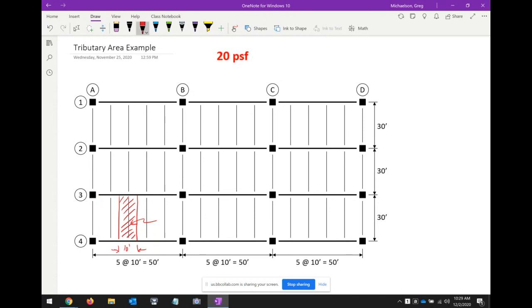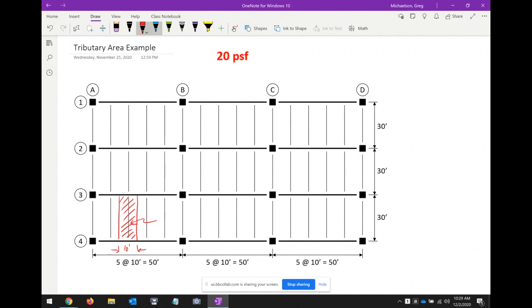If we're only considering gravity loading, and only the loads applied vertically, then the beams on lines A and D would technically only need to be half as big as the ones in the middle, because they're responsible for less load. But that's not always the case in the real world, because sometimes we have additional loads on the outside that we have to consider, like the wall panel. But by and large, that philosophy can still apply.